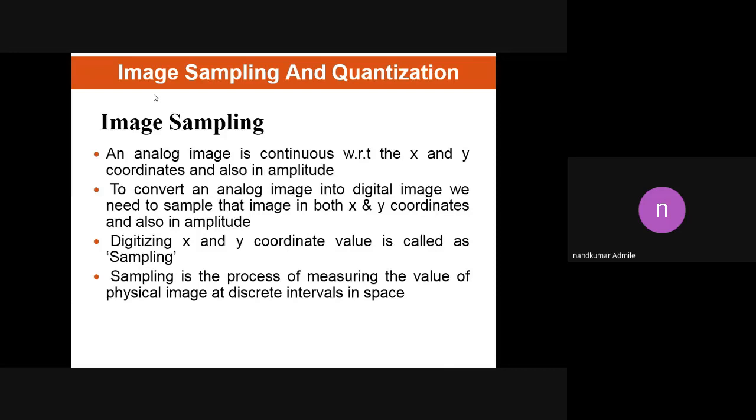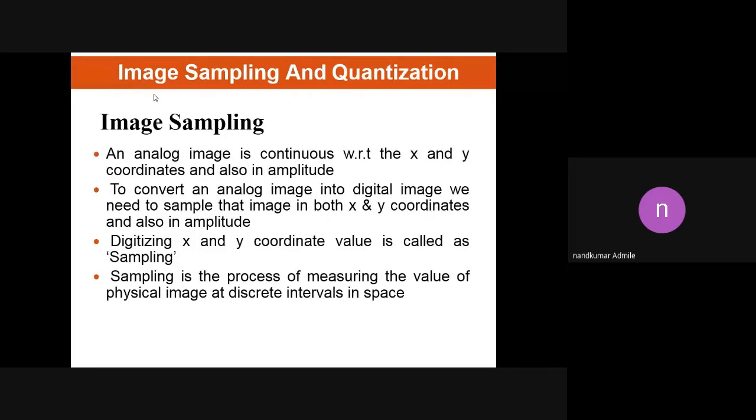Have you understood it? What is image sampling? Okay, so basically image sampling means we convert the analog image into the digital image. So in order to convert an analog image into a digital image, first we need to represent the analog image. Okay, so what are the various pixels present in an analog image, that is called image sampling.